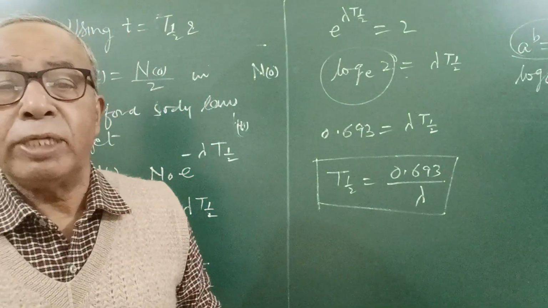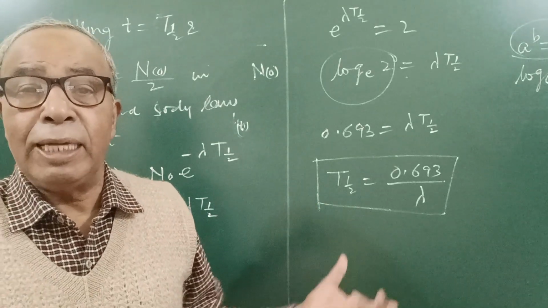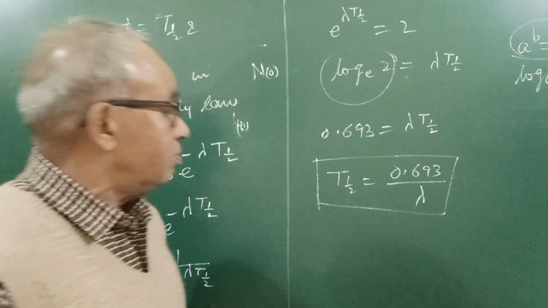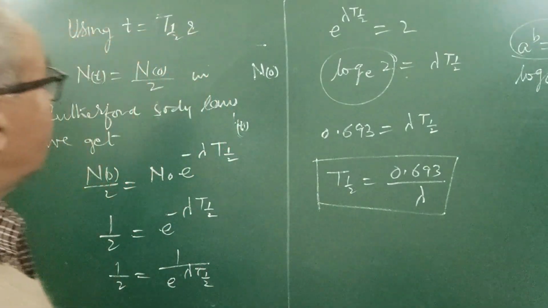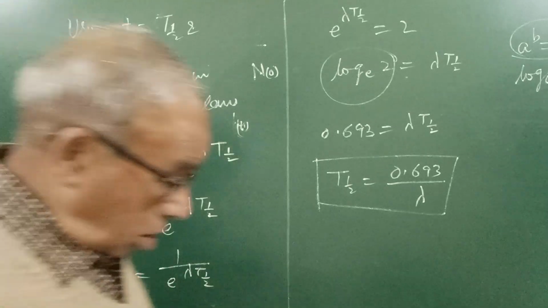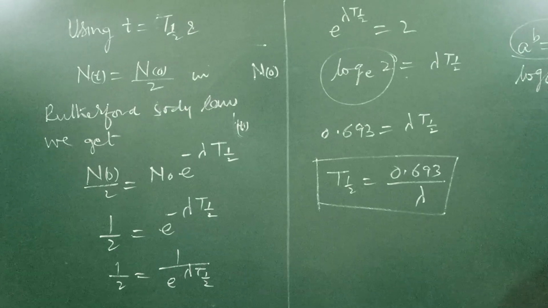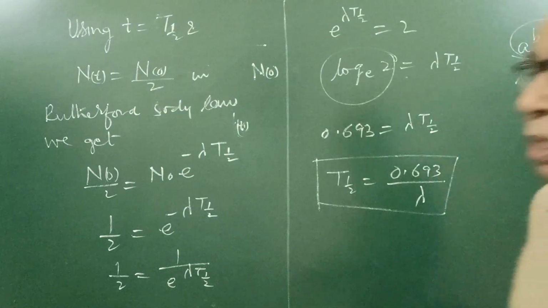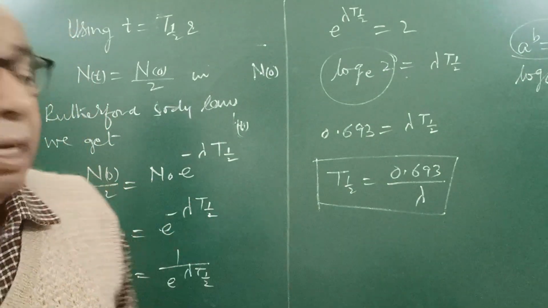Lambda is the decay constant. What is that? The number of decays taking place per nucleus per unit time, and t half is the time interval in which half of the number of radioactive nuclei, or half the mass as some people take, of radioactive nuclei is left undecayed of any element.